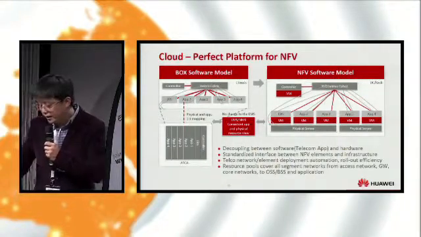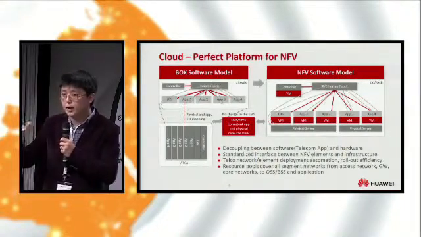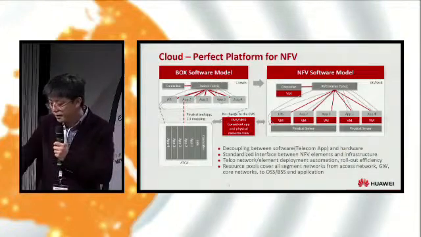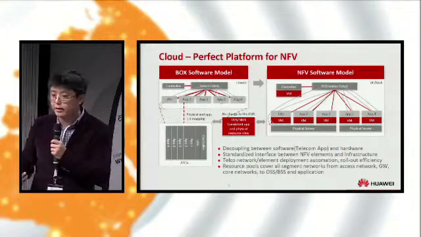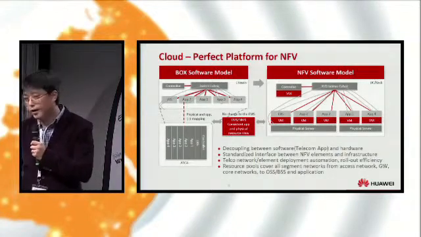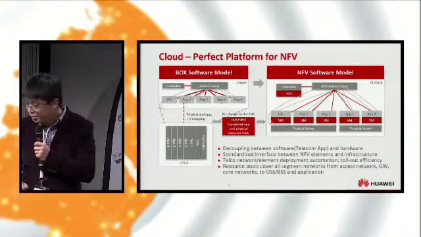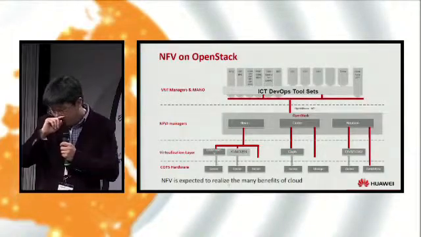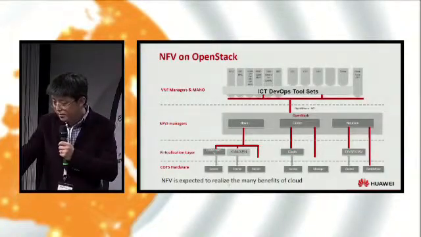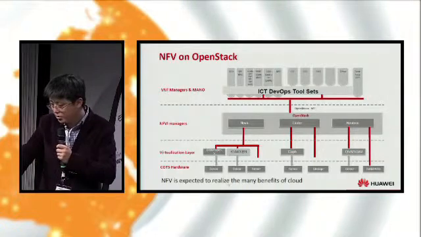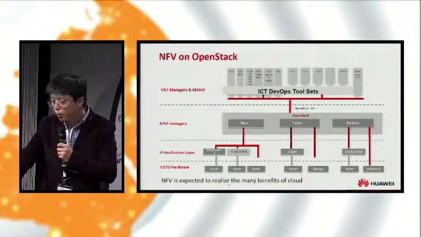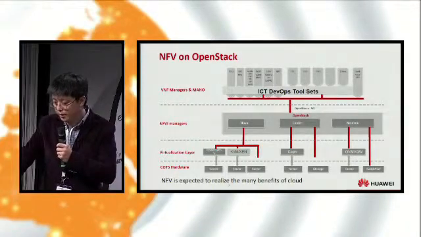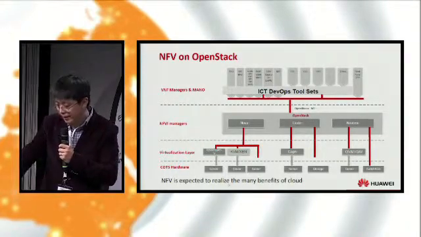We can standardize the interface between the application and the hardware. By having that, we have much better agility. We have much better scale-out opportunity. So this slide basically is showing us, in the context of OpenStack, what the virtual network function will look like.